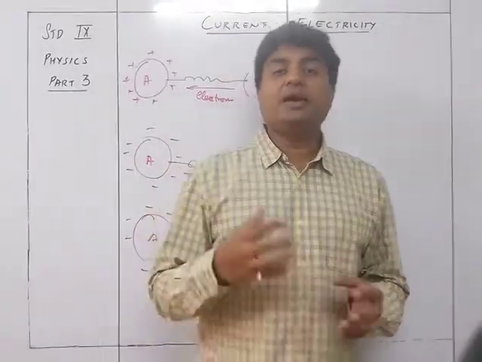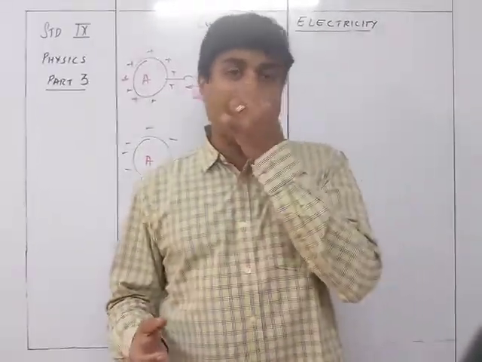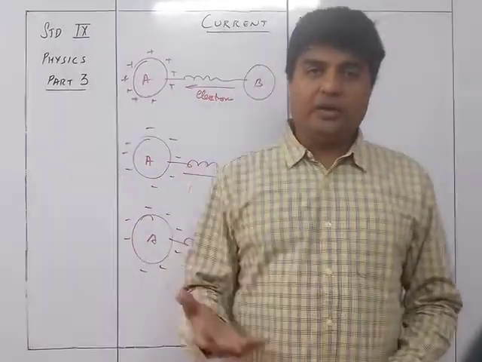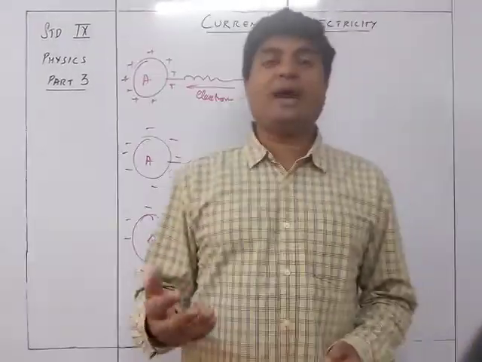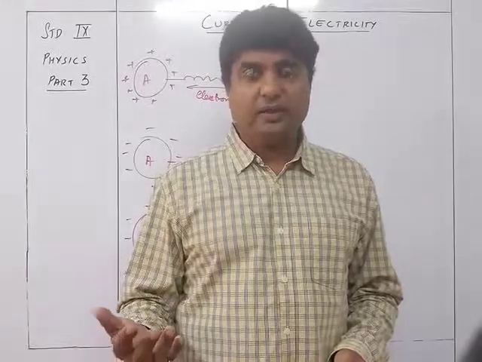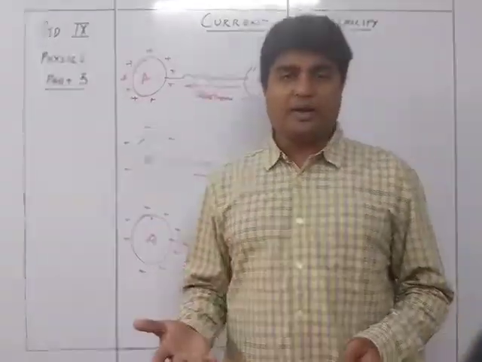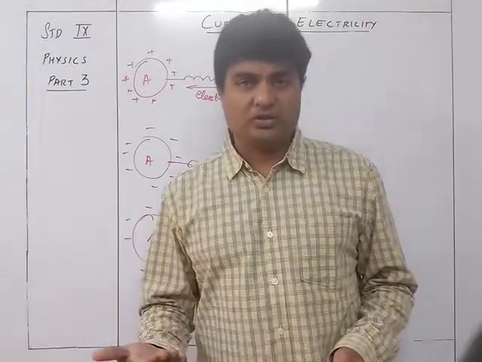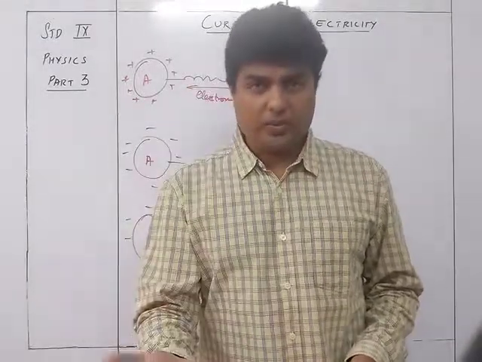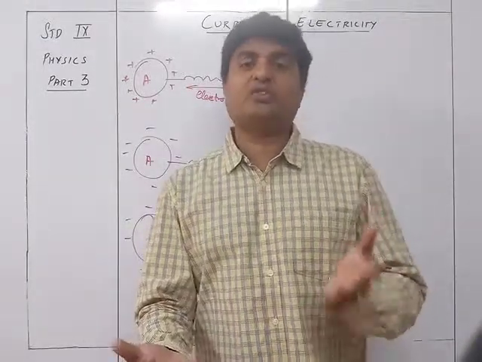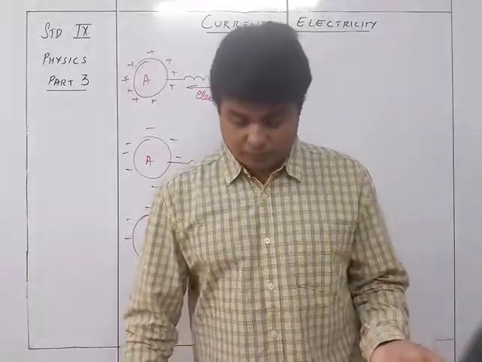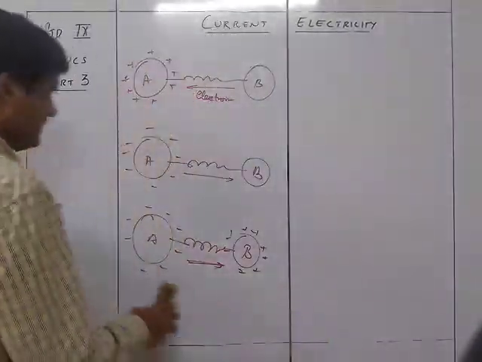That's why the conductor where electrons are more, even though it has more, is considered to be at lower potential. Okay, so if any particular conductor has more number of electrons, it is at lower potential, and the one which has less number of electrons is at higher potential.